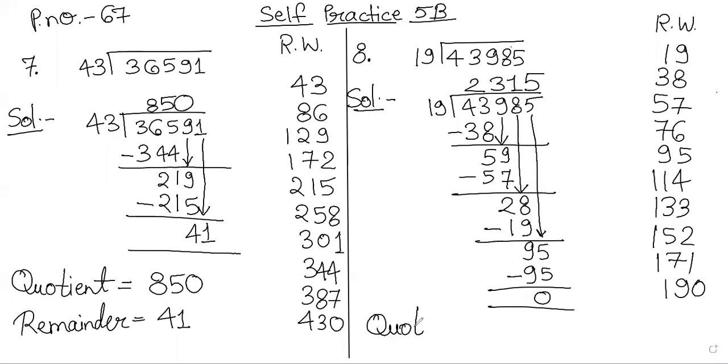Now write the quotient and remainder. Quotient is 2315 and remainder is 0.